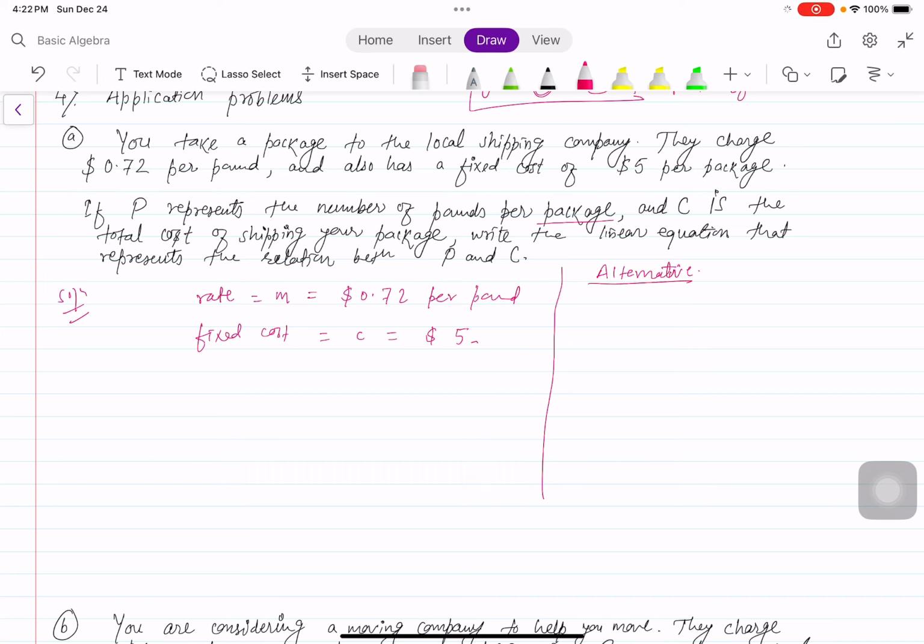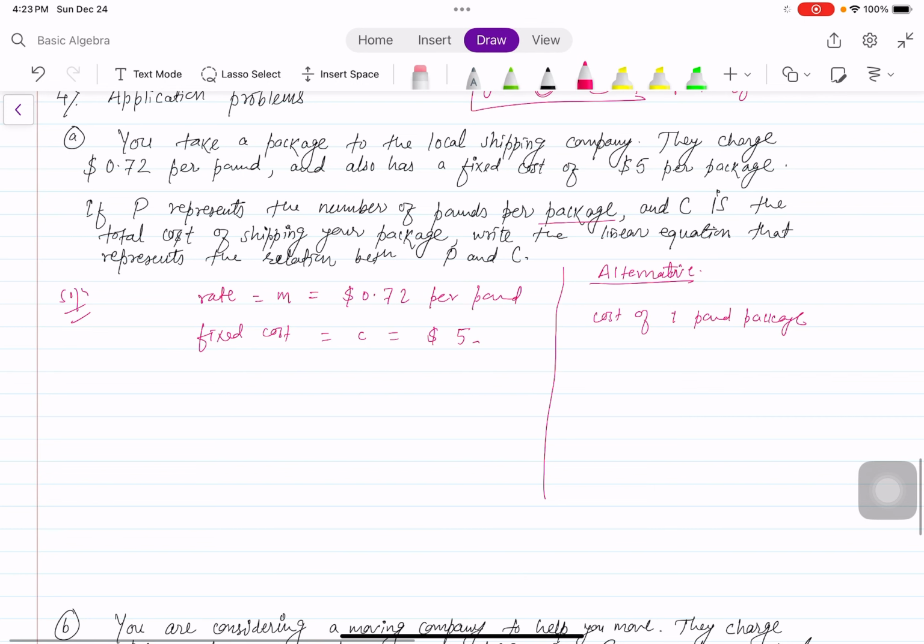So here, what is the cost of 1 pound of package? So this will be $5 fixed plus, or you can go the other way around.